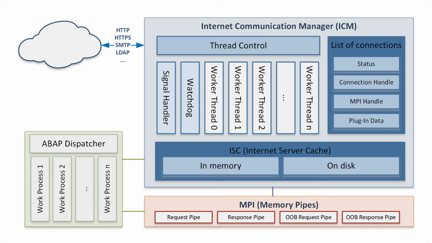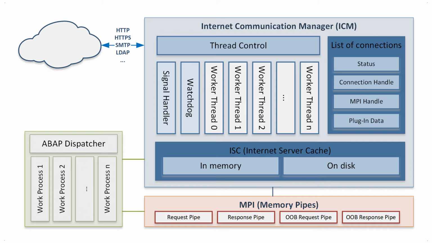How is it possible that all this is handled by one process? The implementation was done on the basis of threads, not processes. But we'll get to that in a moment in the practical part. Let's look at communication for a moment more. Since the ICM is on each server, memory pipes have been chosen for data transfer. This is an efficient way to do it, because there is no need to copy them, but only to send pointers.